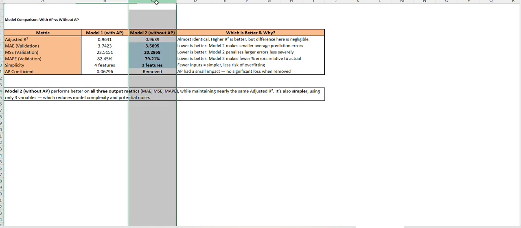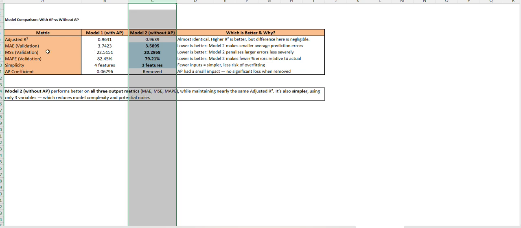in model 2 all these output metrics are lower, and lower is better. So that makes a smaller average prediction error. Mean squared error also penalizes larger errors, but with less severity.